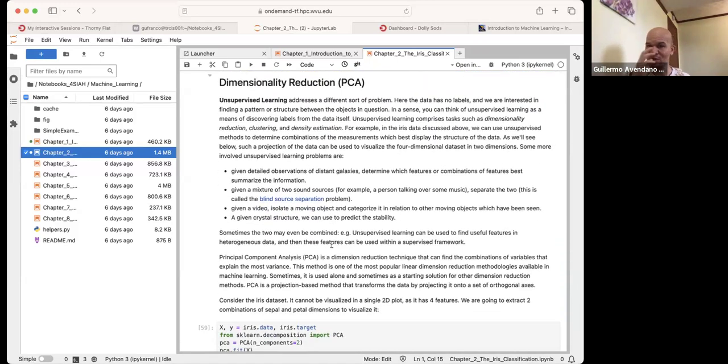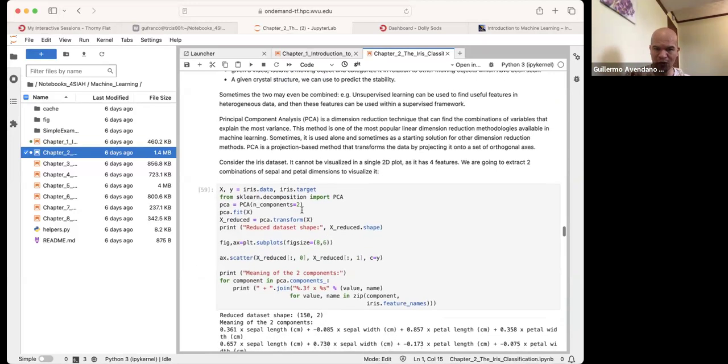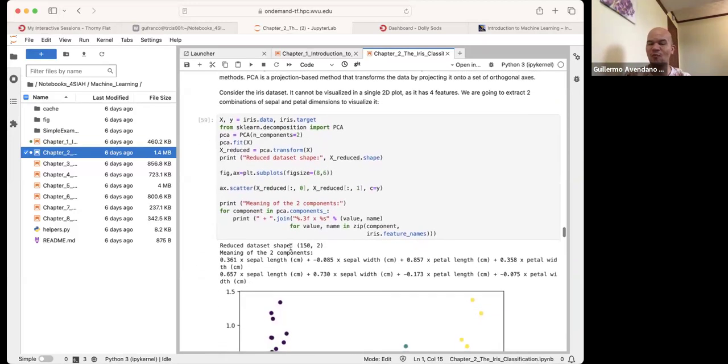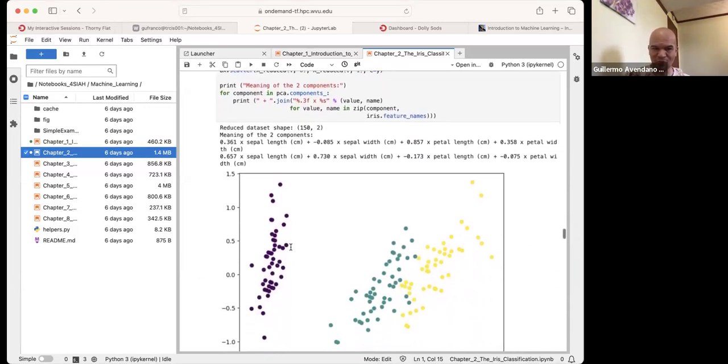Here, for the dimensionality reduction, we have, again, the 4 columns that we have here, all the data, and we would like to find some combination of those columns that is better responsible for classifying, for distinguishing those.